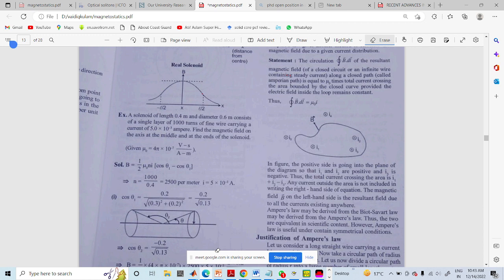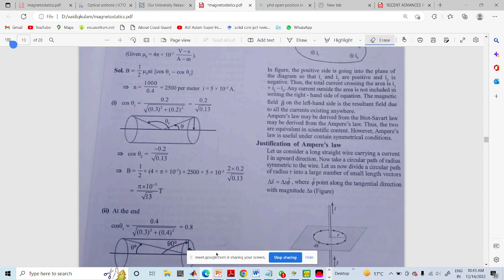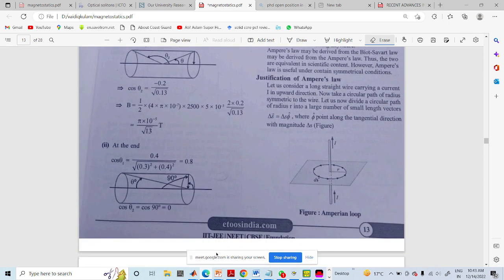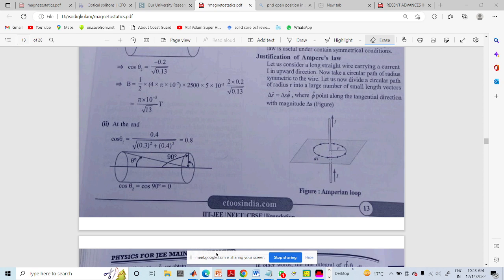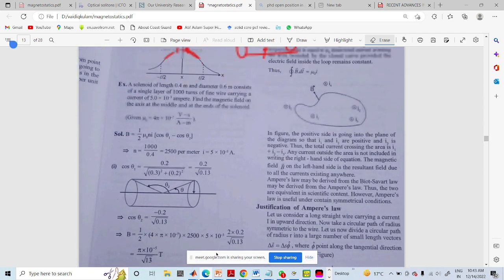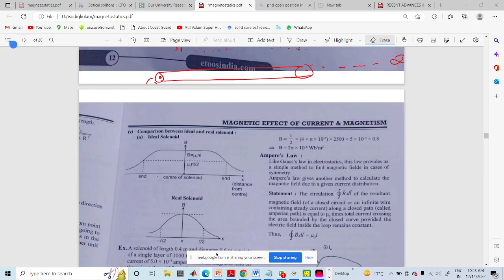You know the formula. What will happen at the end and what will happen in the middle, right? Just put the values and you will get your answer. I am not going to discuss this question, that is already solved. So you will calculate. You have to keep the unit of magnetic field in your mind.